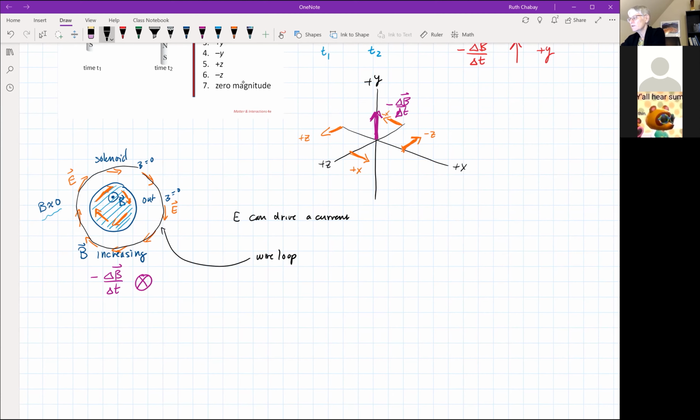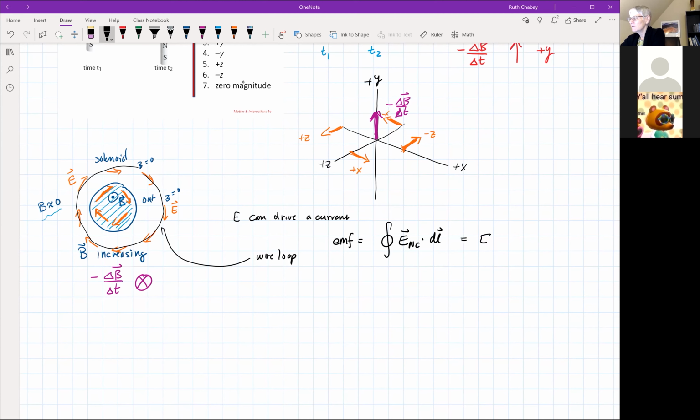And how big, what's the magnitude of E around this loop? Well, whatever the EMF is, that's equal to this integral of the non-Coulomb field around this loop. And that's just equal in this case, since the magnitude, we've drawn this, or I tried to draw it centered on the solenoid.